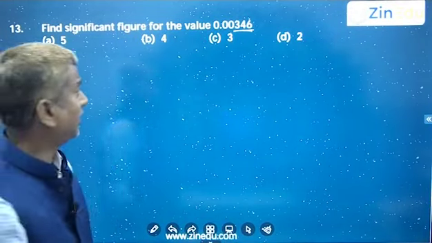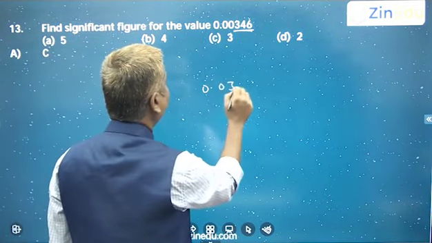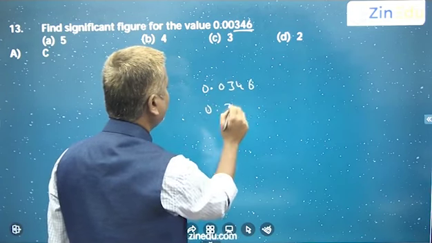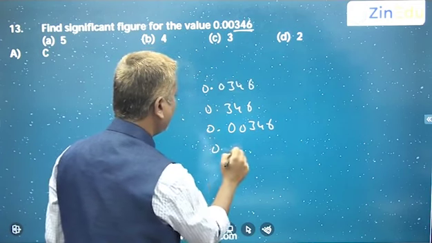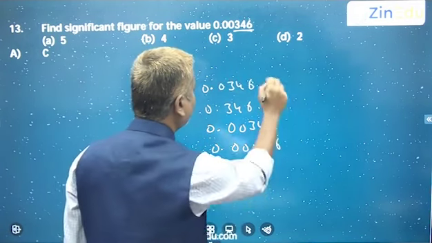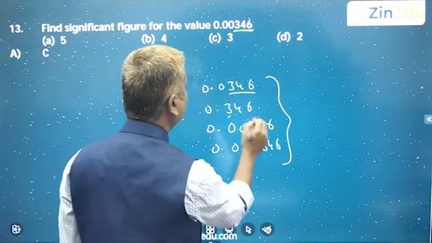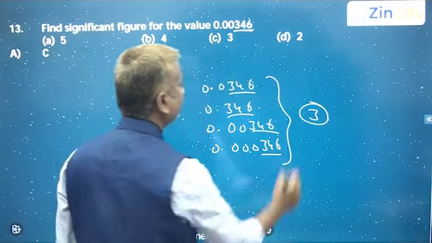So whether it is 0.0346 or 0.346 or 0.00346 or 0.000346, whatever is the case, the number of significant digits is only 3.